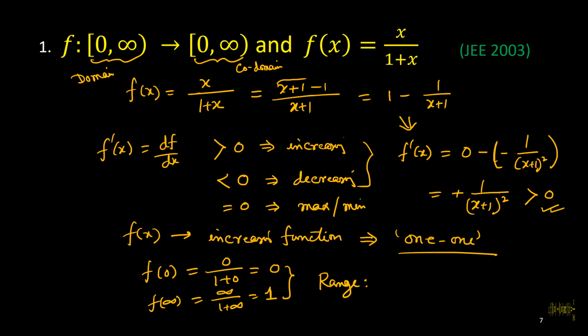So range is simply 0 up to 1, right? You can see that this range is only 0 to 1, but the codomain is given as 0 to infinity. The range is a subset of the codomain, because the codomain is mentioned as 0 to infinity, but it is only 0 to 1.